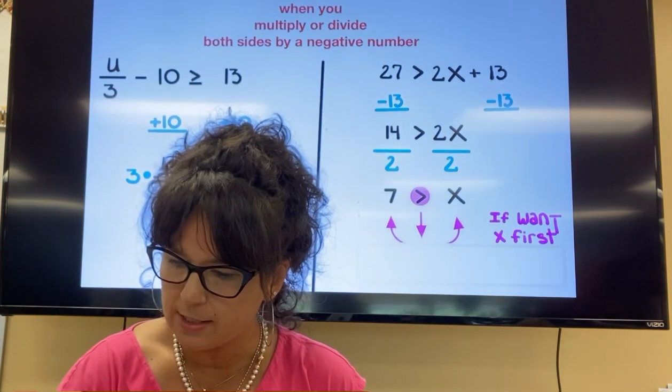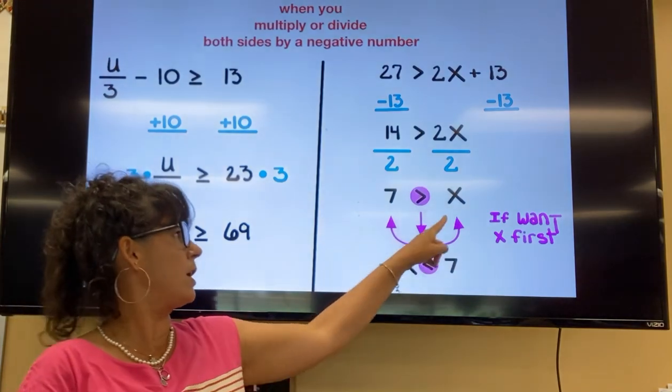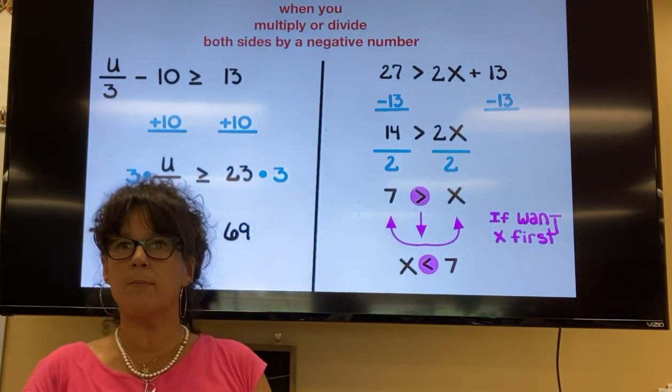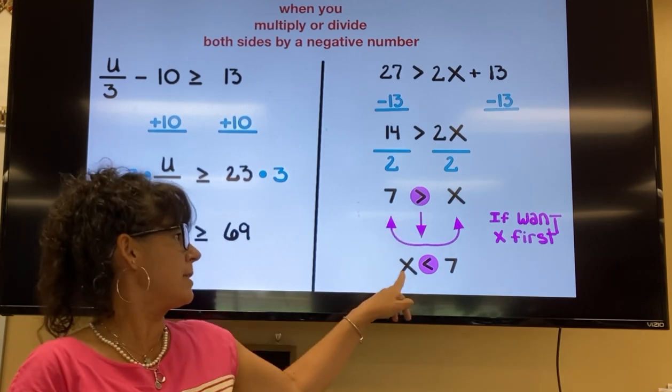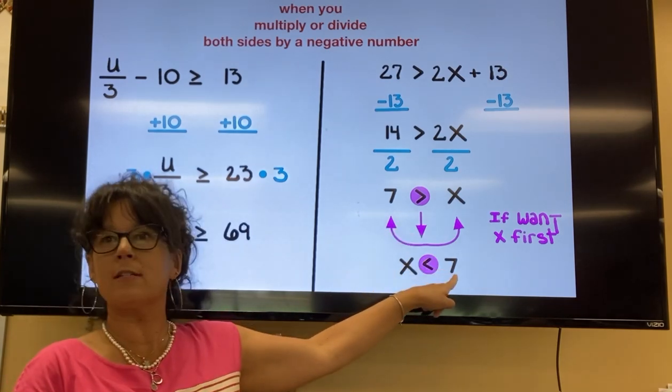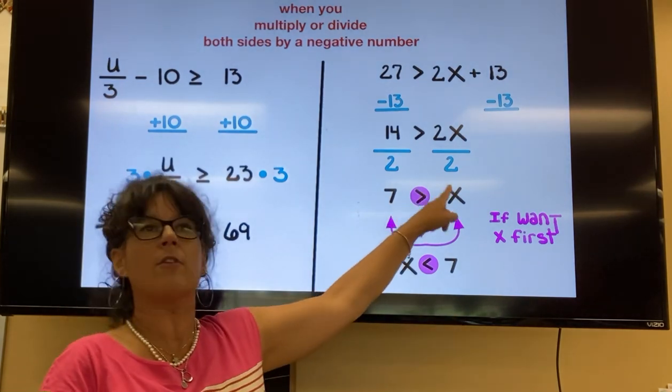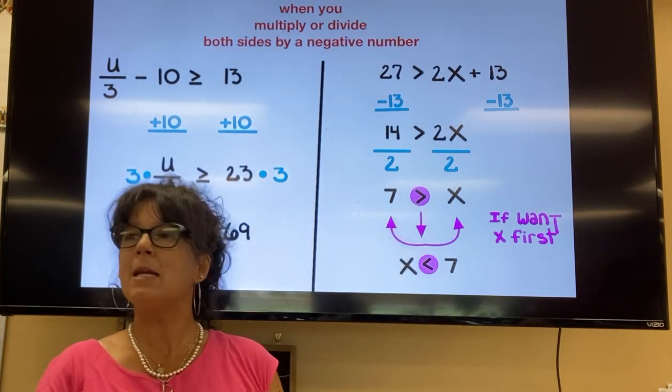So if I want that x first, I'm going to have my x, I have my 7, and now that inequality flipped over. This one is saying my numbers are smaller than 7, and this one is saying 7 is bigger than my numbers. It means the same thing.